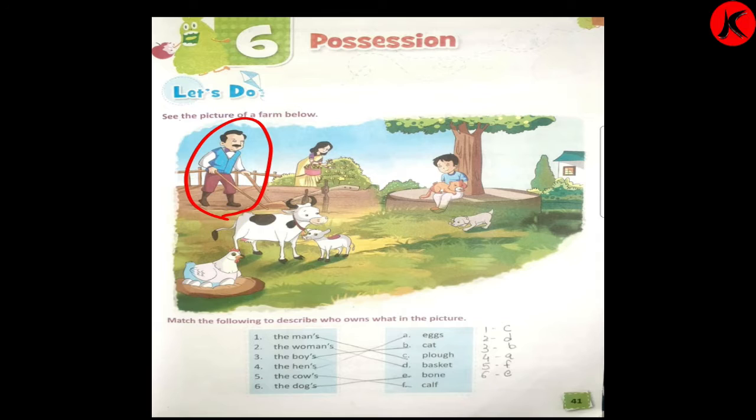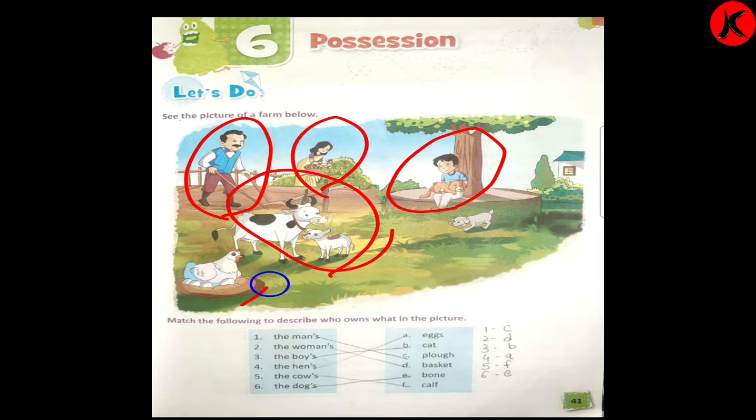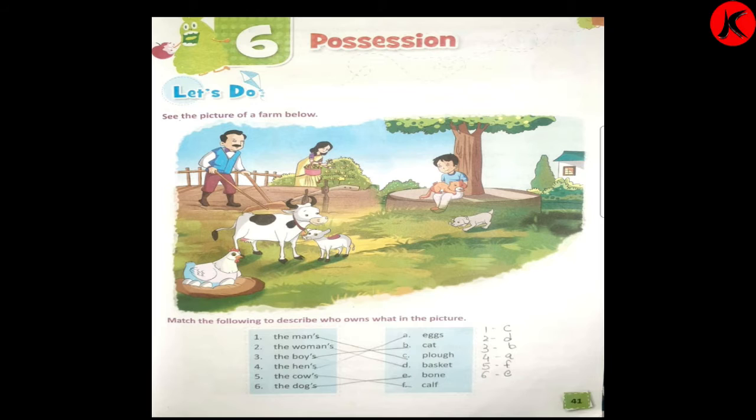So a man's photo is there. A woman, a boy with a cat on his lap, a cow and calf, a hen, and a little dog. We looked at the picture to see what activity each and everyone is doing.